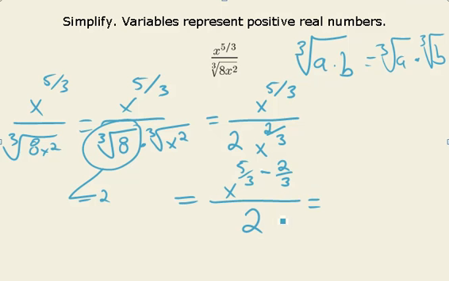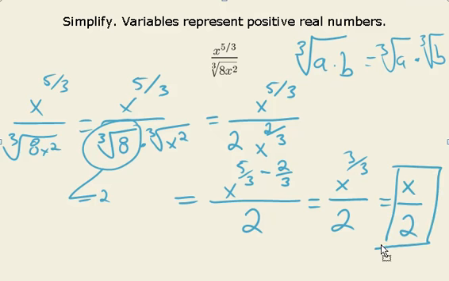Little bit of arithmetic: 2/3 from 5/3, common denominator, so I just subtract 2 from 5. I'm left with a 3, so this is x to the 3/3, still divided by 2. 3 over 3, that's 1, so this is x in the numerator and 2 in the denominator. And there is our simplified form.